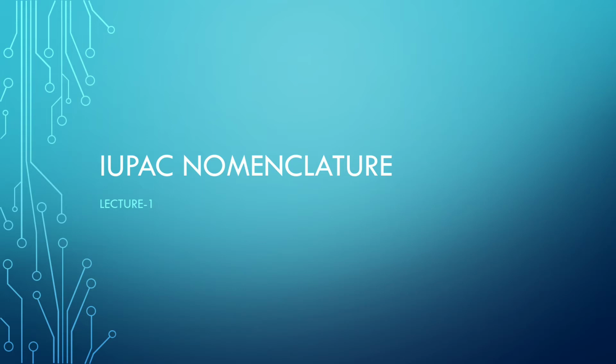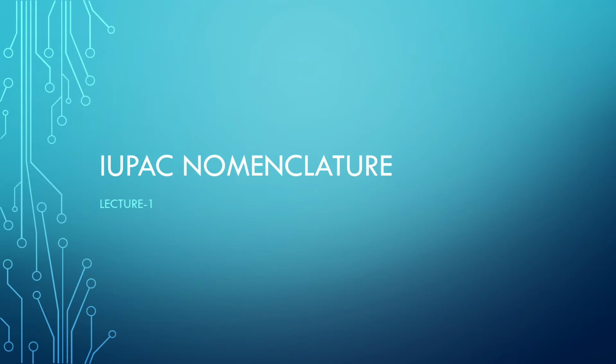Those videos are very short videos which act as a base for IUPAC nomenclature as well as for the whole of chemistry. So today we are going to start the IUPAC nomenclature, which is very important for the whole organic chemistry, because IUPAC is basically the naming of compounds.